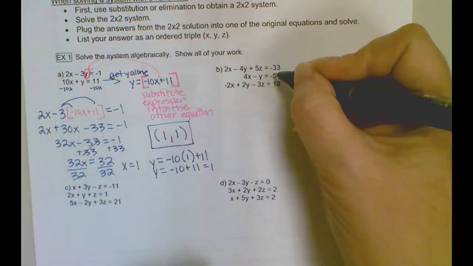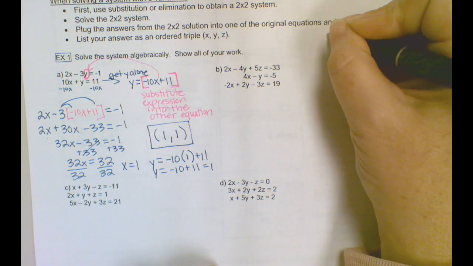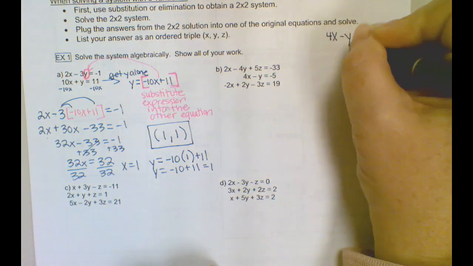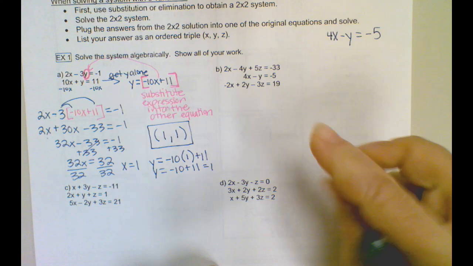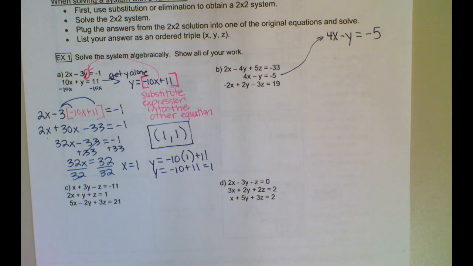So if I want to take this guy back up here for when I get to my 2x2, 4x minus y equals negative 5. That's half of my 2x2 that I already have because that second equation happened to not have a z.